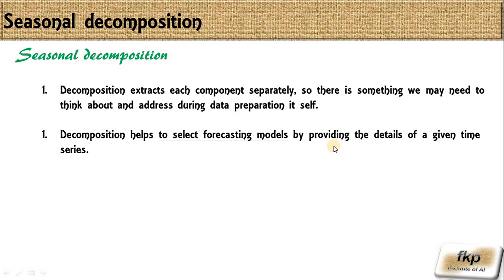Decomposition helps to select the forecasting models. Basically, we select the forecasting models based on the data we have, based on the components we have in our time series. That's why decomposition is really important to forecast the time series values.